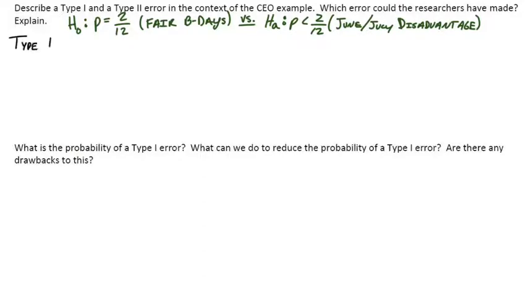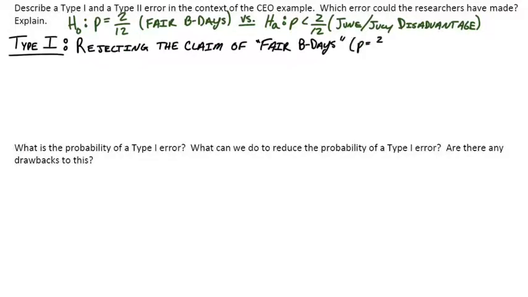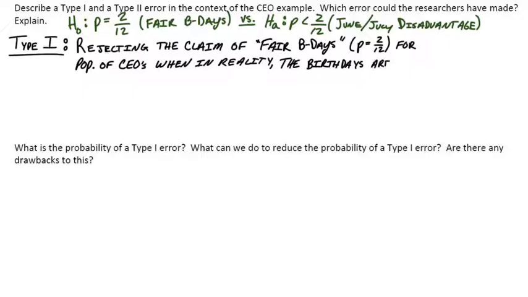So what would a type 1 error be in this case? The one where it's like sending an innocent person to jail. So a type 1 would mean we reject the null, but we have to say it in context. So we would reject the claim of fair birthdays, right? That the p is 2 out of 12 for the population of CEOs. When in reality, we shouldn't have done that because the birthdays were fair. So that would be an error.